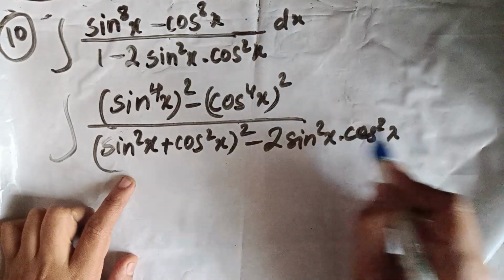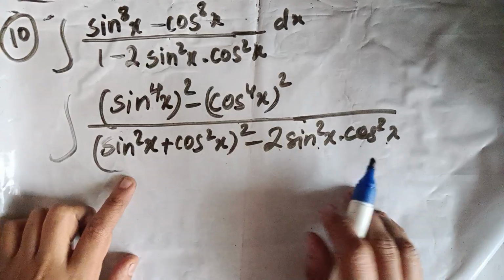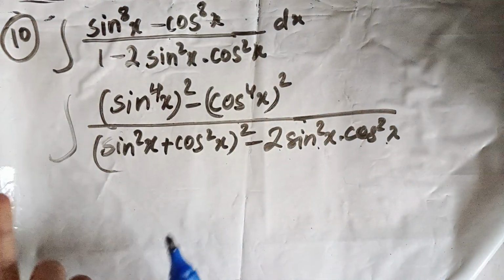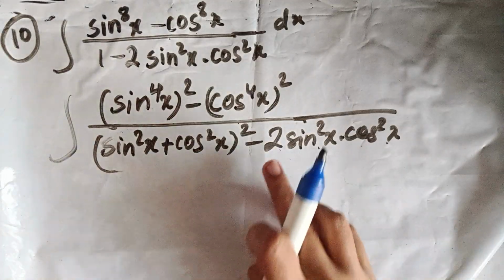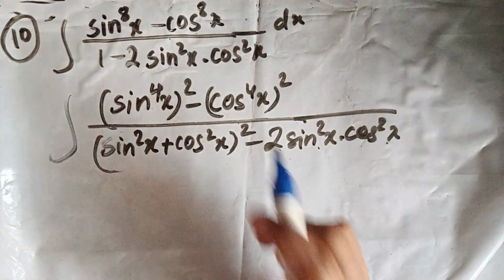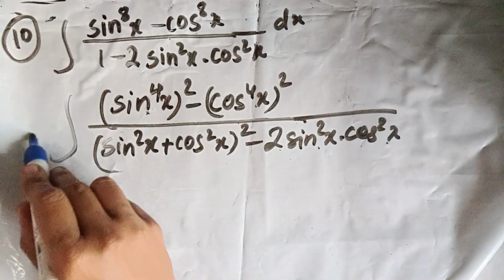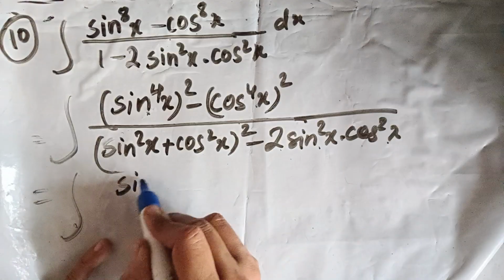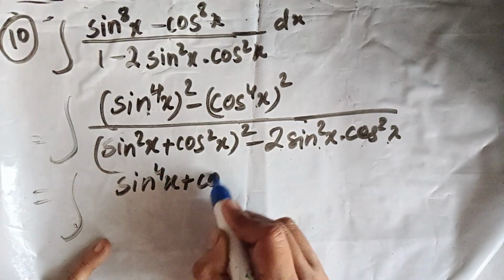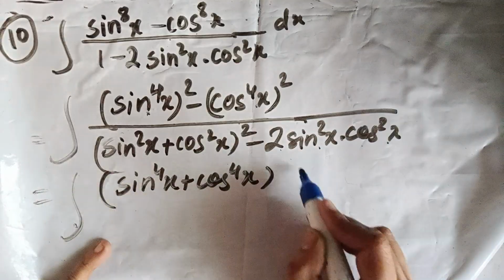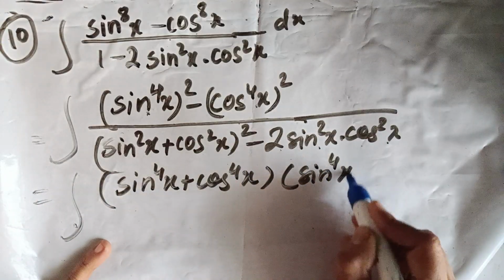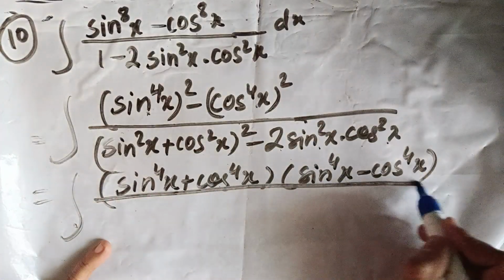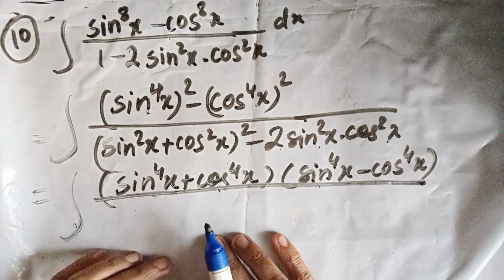Because here the term 2 sine square x into cos square x is given, so we can make use of the formula a minus b the whole square, which has 2 times a into b. Okay, so using the algebraic identity, we can write this as sine 4x plus cos 4x into sine 4x minus cos 4x. Okay, a plus b, a minus b.